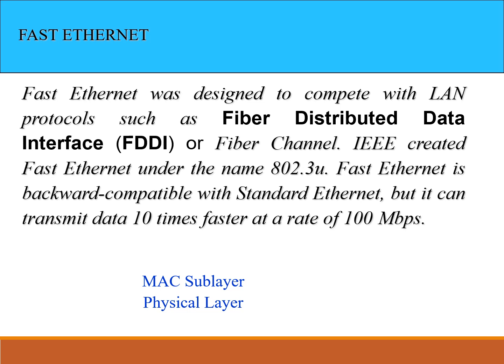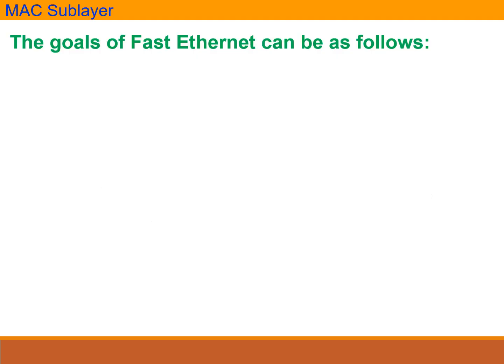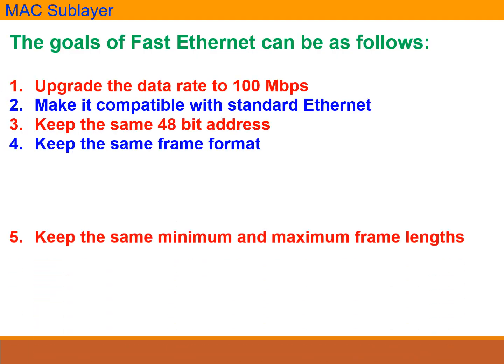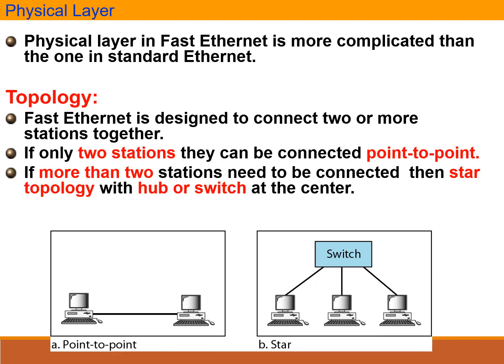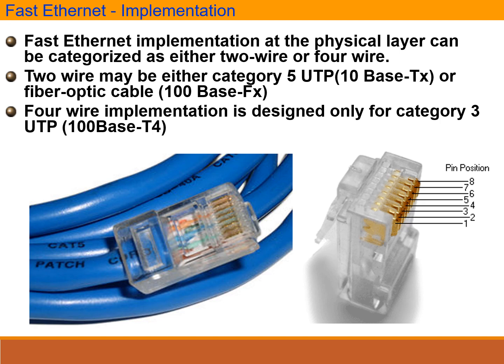In this we are going to use point-to-point topology and star topology. The MAC sublayer also we are going to implement here. Next, in the physical layer we are going to use some topologies, that is point-to-point or switch here.